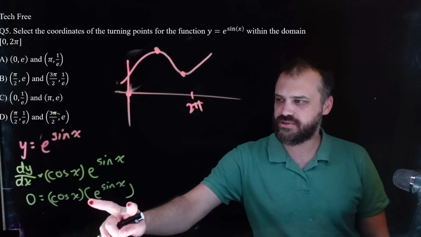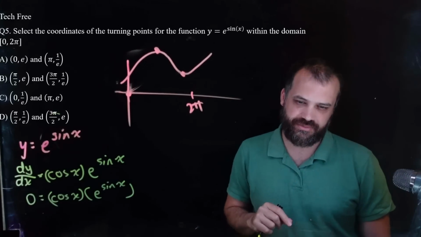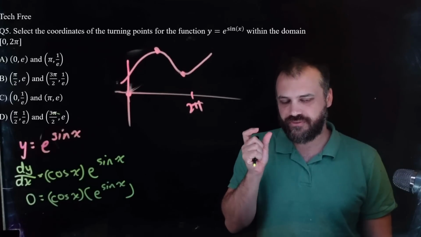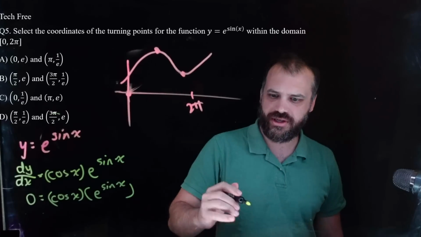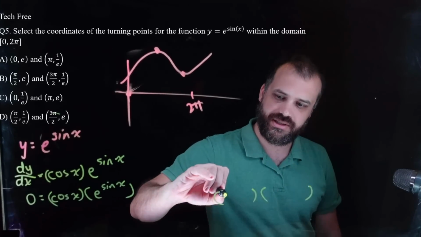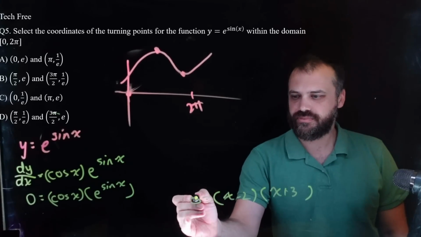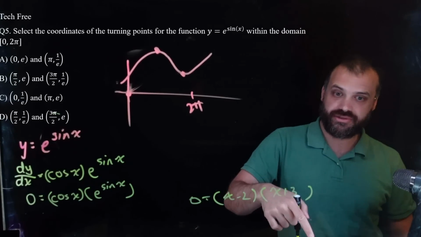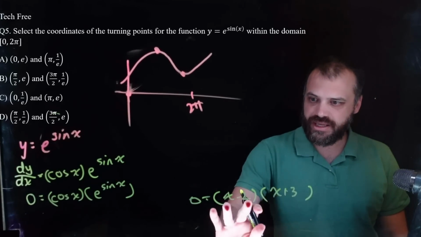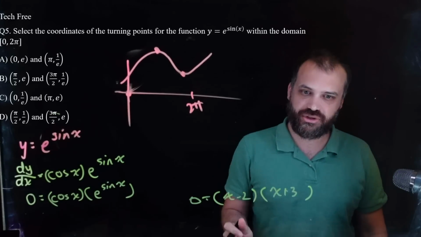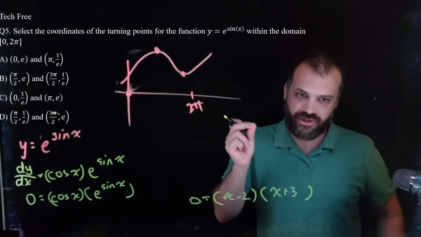I'm going to put some brackets around this e to the sine x because I really want you to see something here. This is an application of the null factor law. You're used to the null factor law for questions like (x minus 2)(x plus 3) equals 0, and finding that x equals 2 and x equals negative 3. But these don't have to be linear terms. They can be trig functions or exponential functions, and the rule still holds.